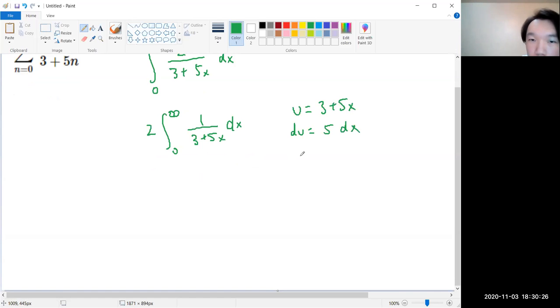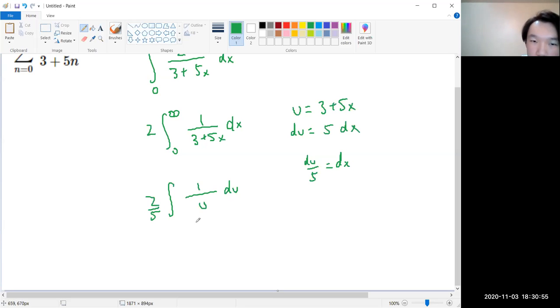So I guess we could solve for dx. It's du over 5 is dx. So this is 2 times the integral. I'm going to omit the limits because now we're in terms of u. So this would be 1 over u, and then dx is du over 5. So I'll just write it like this, du over 5.